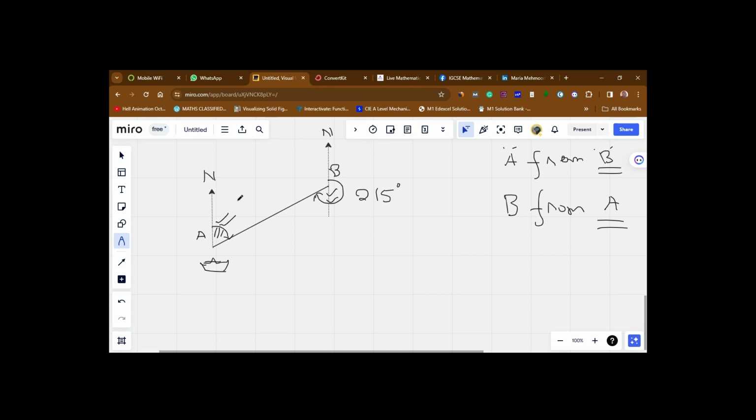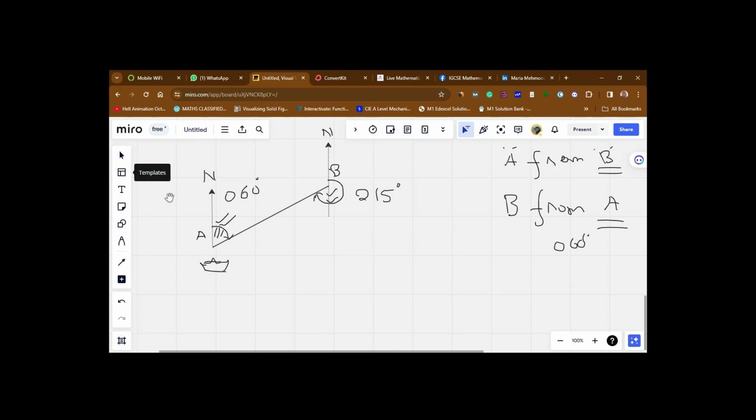So you write one extra 0 in the beginning, and then the angle value. For example, if this is 60 degrees, you write 060 degrees. This is going to be the bearing of B from A. That's how to write it.